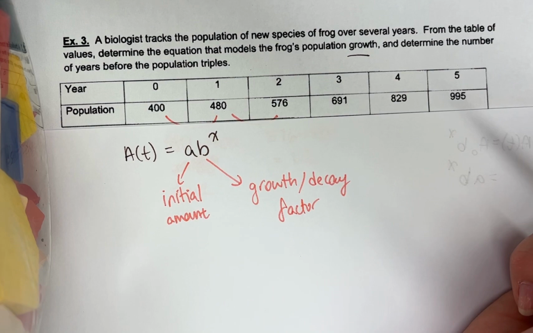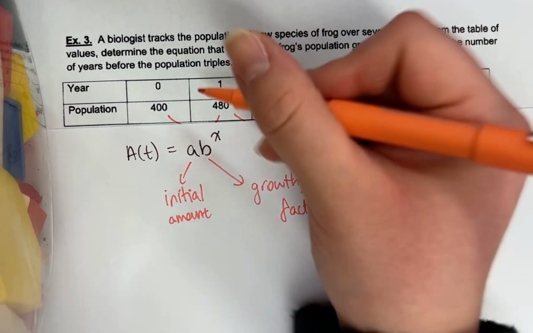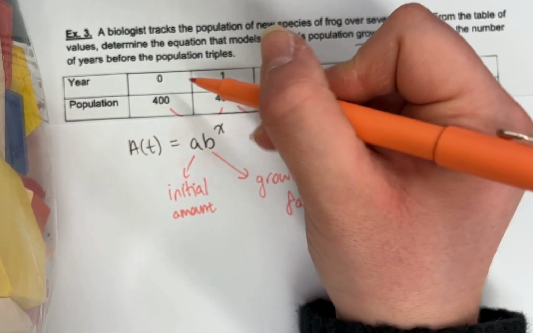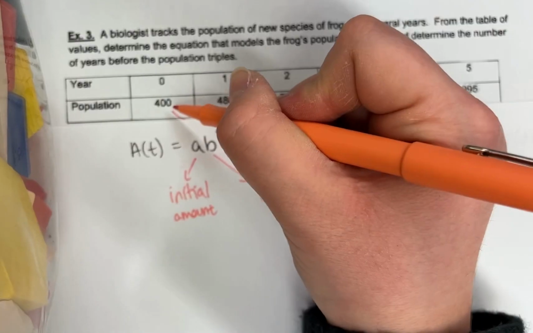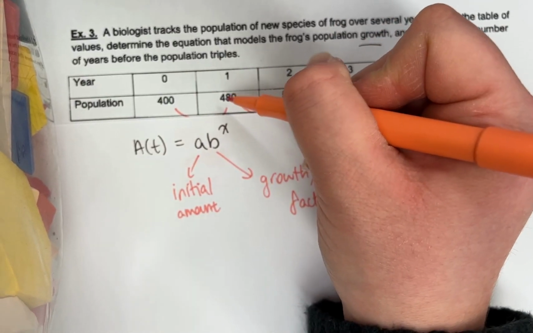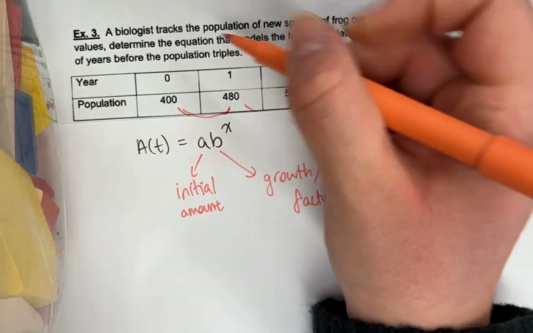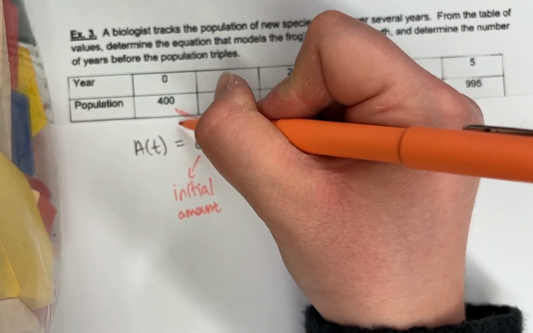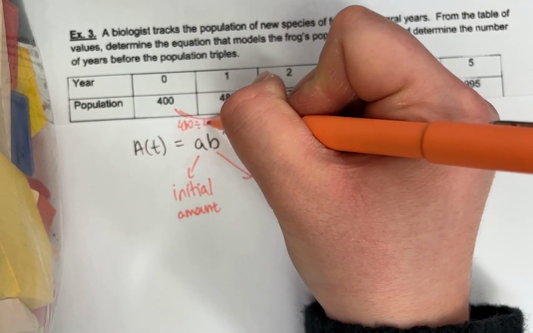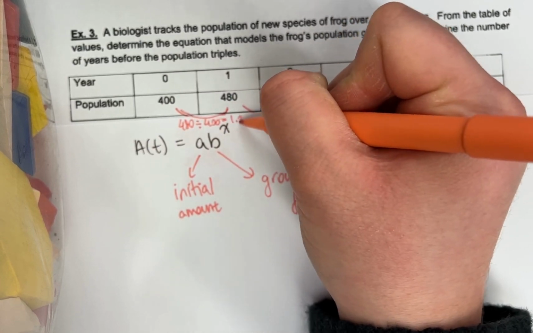Okay, so to figure out how much we are increasing by, I'm going to look at my y values, and I'm going to take each number and divide it by the one before. So 480 divided by 400 gives us 1.2.